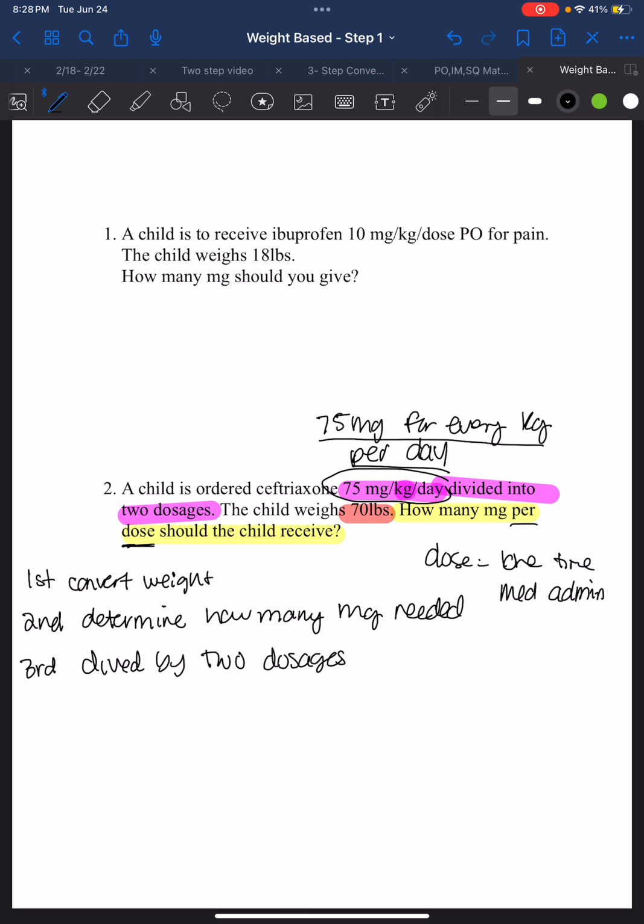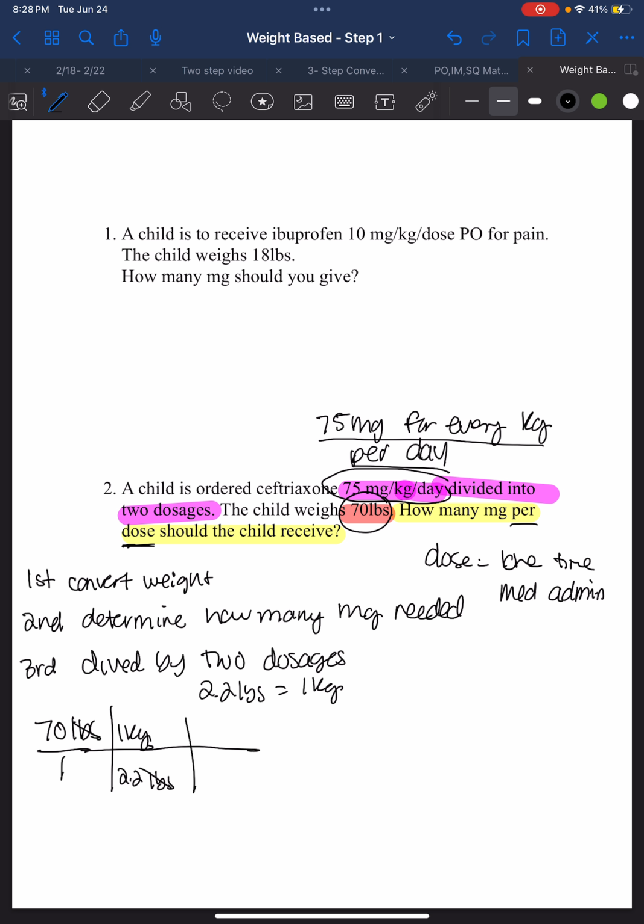Okay. So the first thing we're going to do is convert weight. The given weight is 70, so we're going to put that 70 pounds over 1. And we know the conversion factor for weight is 2.2 pounds equals 1 kilogram. We need to cancel pounds out, so it has to go on the bottom. So 2.2 over 1 kilogram.